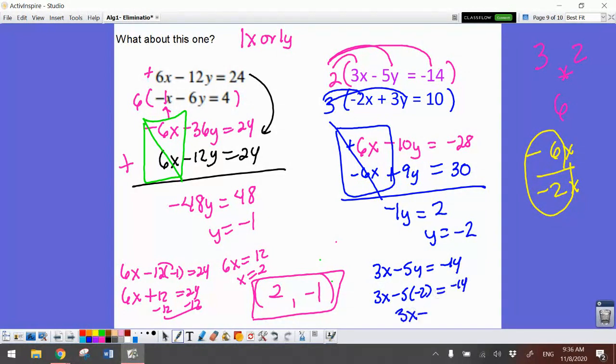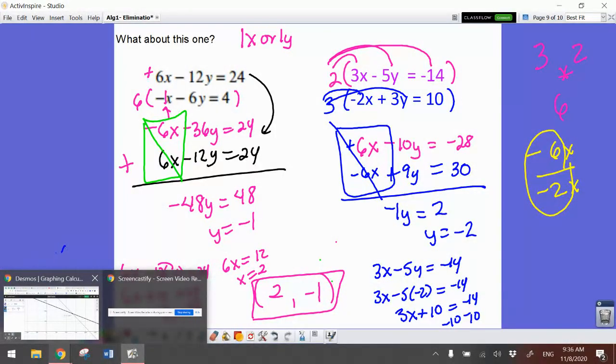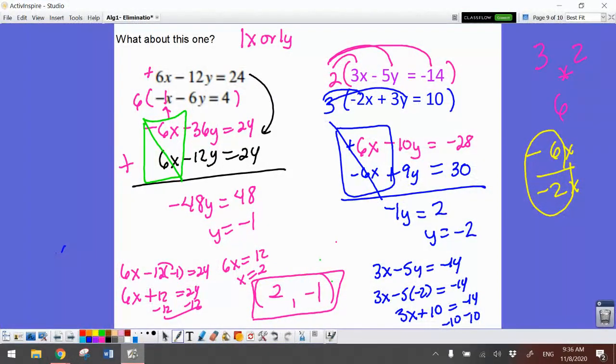So I have 3x plus 10 equals negative 14. If I move my 10, I have 3x equals negative 24. Dividing by 3, I come up with x equals negative 8. So there is my solution. I have a negative 8 and I have a negative 2.